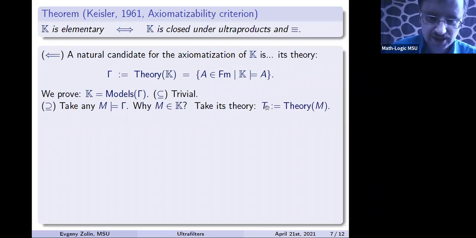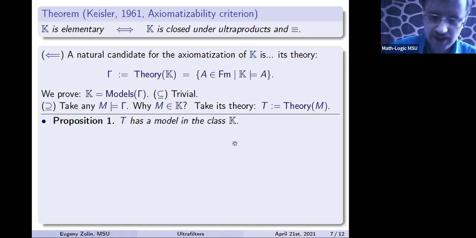So let us take all laws of this particular model M. And then we prove that T has a model in K. So there is some structure in K that satisfies exactly these laws, the laws of the model M.